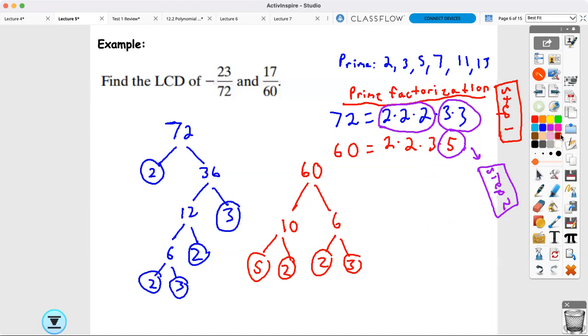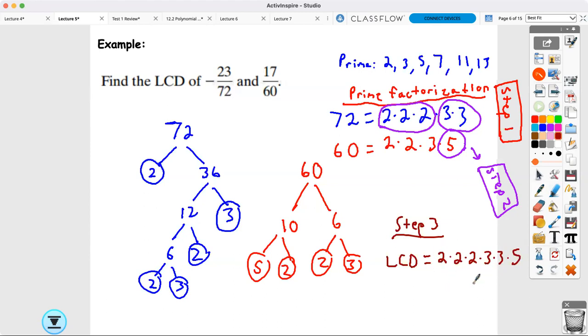All right. To finish off, step 3 is the LCD. The LCD is pretty much all the circles we circled. We're going to write them down here: 2 times 2 times 2 times 3 times 3 times 5.